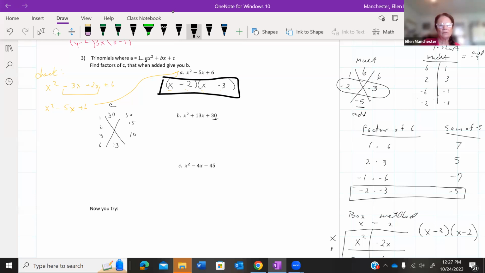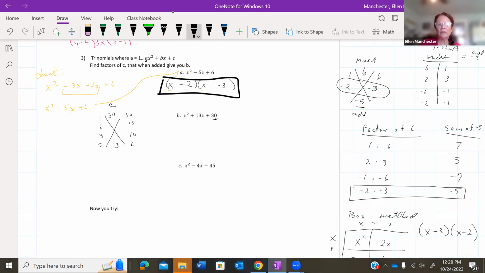And 6 and 5, 5 and 6. But what's going to happen is the more you do this, the faster you're going to get. Now, again, the signs matter, right? So if I want a positive 30, I need them both positive or both negative. Well, there's no negative in the bottom, so I don't have to worry about that.